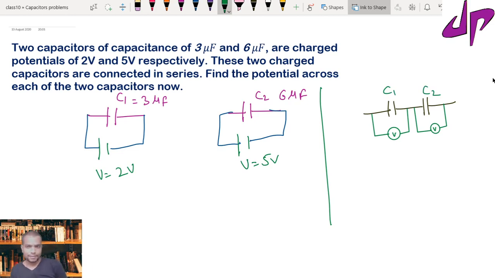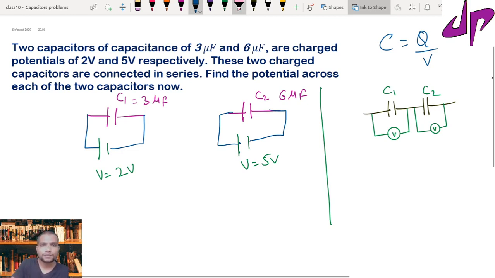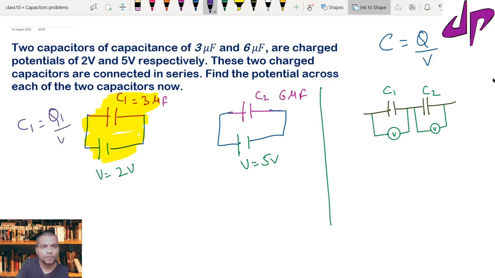Now to solve that, we have only one known relation, the capacitance relation: capacitance C equal to Q upon V, charge per potential. First I would like to find the charge on each capacitor. For the capacitor C1, C1 equal to Q1 by V1, therefore Q1 equal to C1 times V1.